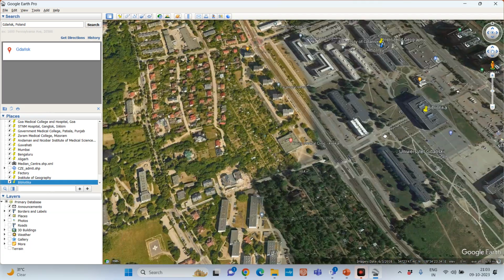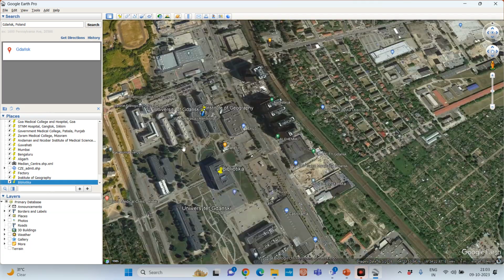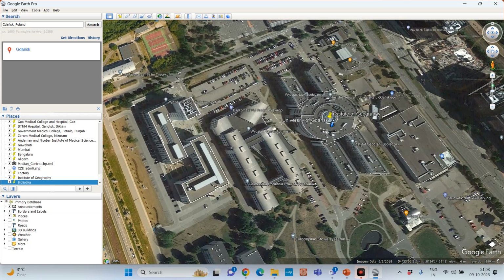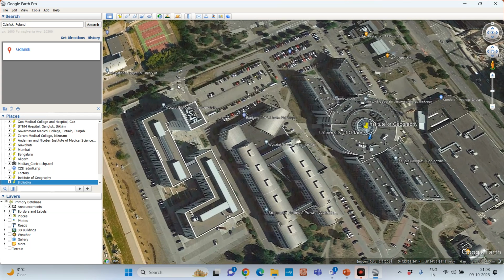road, meaning line data. Suppose you want to know how long it is from the rector building to our Institute of Geography. In this way, we can measure the roads.